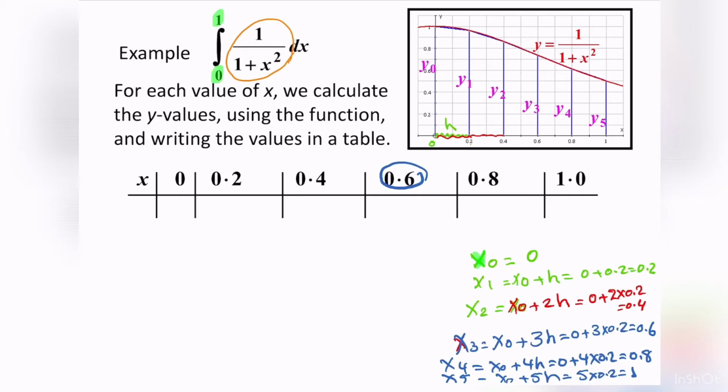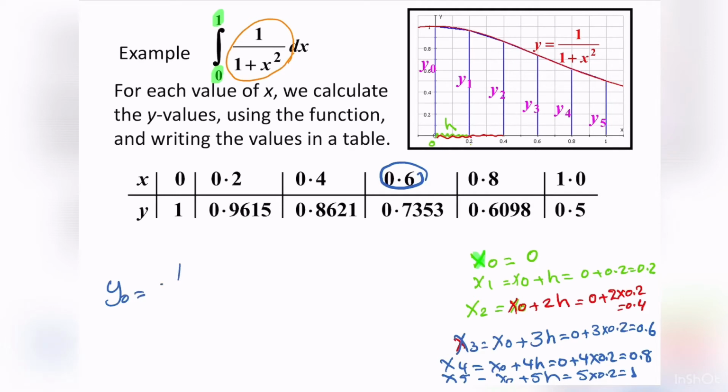So first of all, when x is 0, we'll find y naught. So when x is 0, y0 equals 1 over 1 plus 0 squared, which is 1 over 1, which is 1. So that's why we got 1 here.